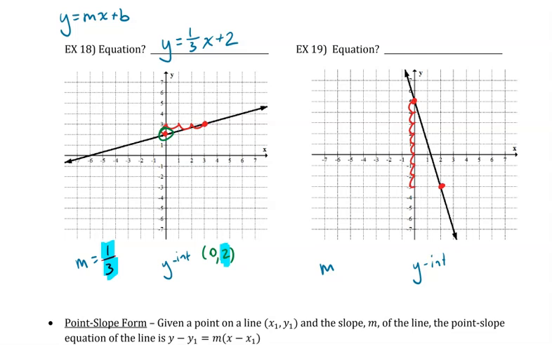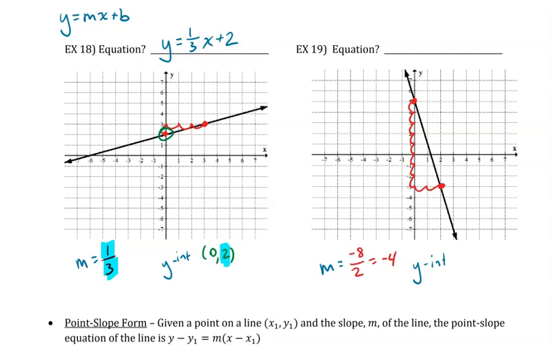And again, that was 8 down, so we're going to write it as -8, and then over 2. Now, in this case, if you notice, -8 divided by 2 can actually reduce into -4.